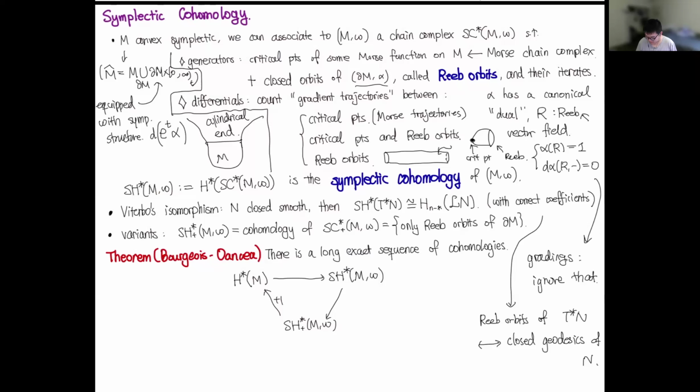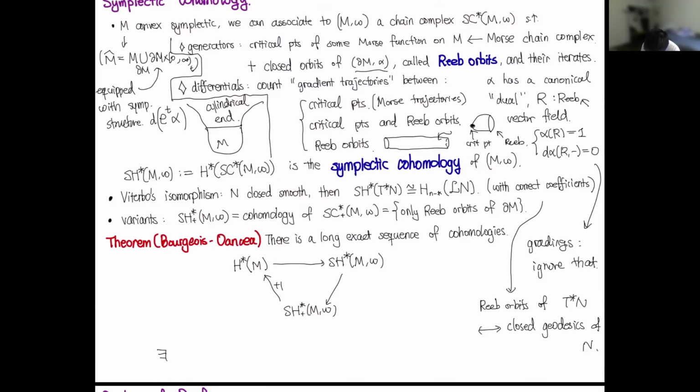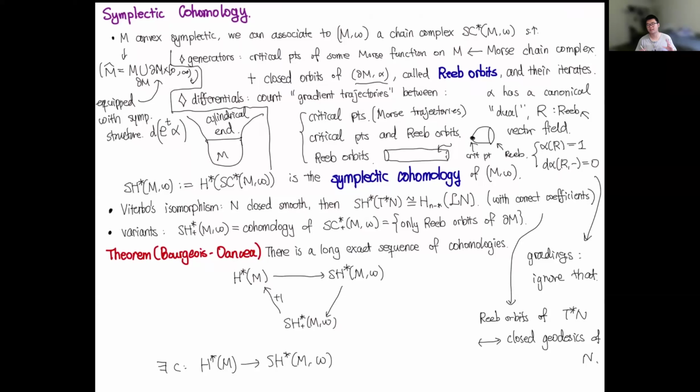And there is another variant, so there is a canonical continuation map from the cohomology of M to the symplectic cohomology of M. Well, of course, as the Morse cohomology is just one of the inputs of the symplectic cohomology, there is a canonical map between them, and you take the positive symplectic cohomology to be just the quotient, which is the homotopy cofiber of the continuation map.